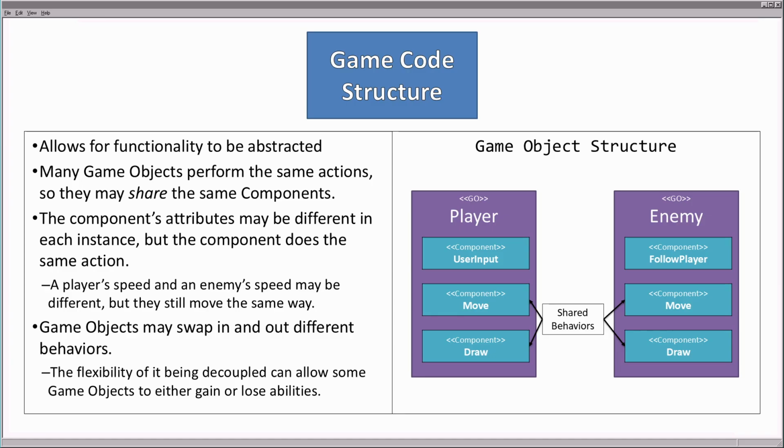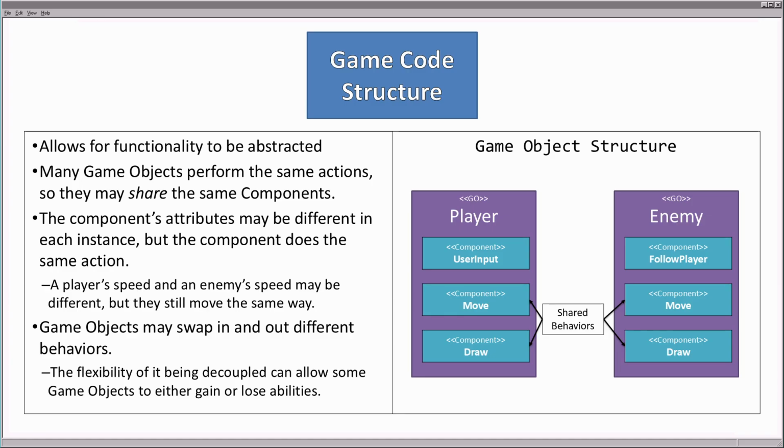By using this structure, it allows for functionality to be abstracted. Many game objects perform the same actions, so they may share the same components. We can see both player and enemy move and draw. We can consider writing one class move and another class draw and simply adding those to the player and enemy game object.